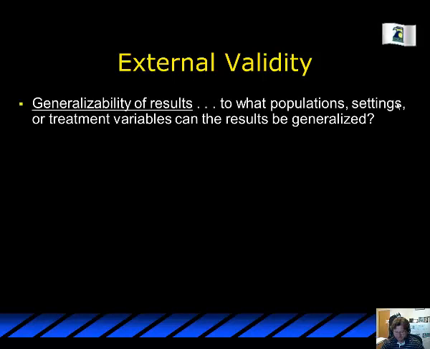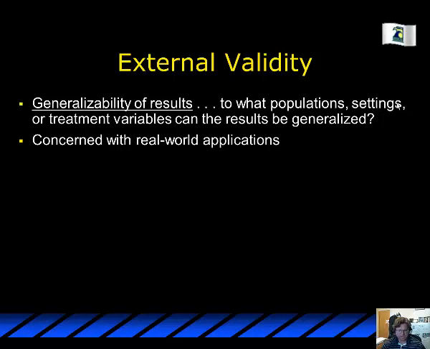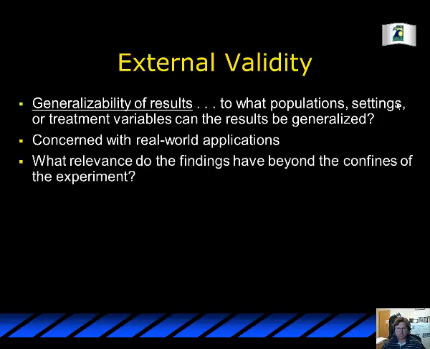External validity. This deals with the generalizability of results. To what populations, settings, or treatments variables can we generalize our results to? Here we're concerned with real-world applications of the results of our study, or asking the question, what relevance do the findings have beyond the confines of this experiment?